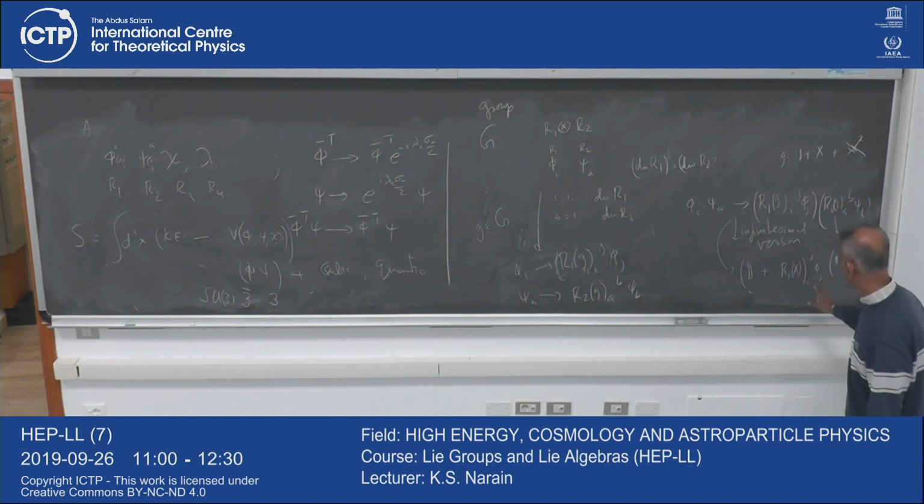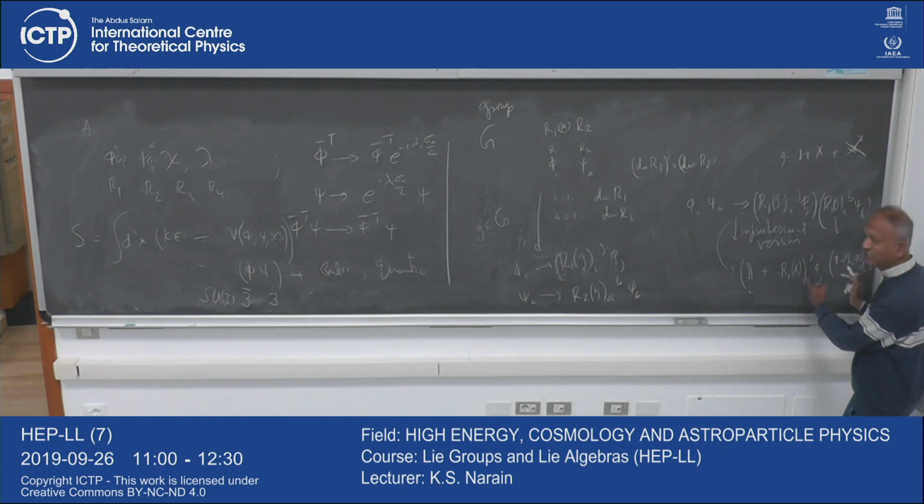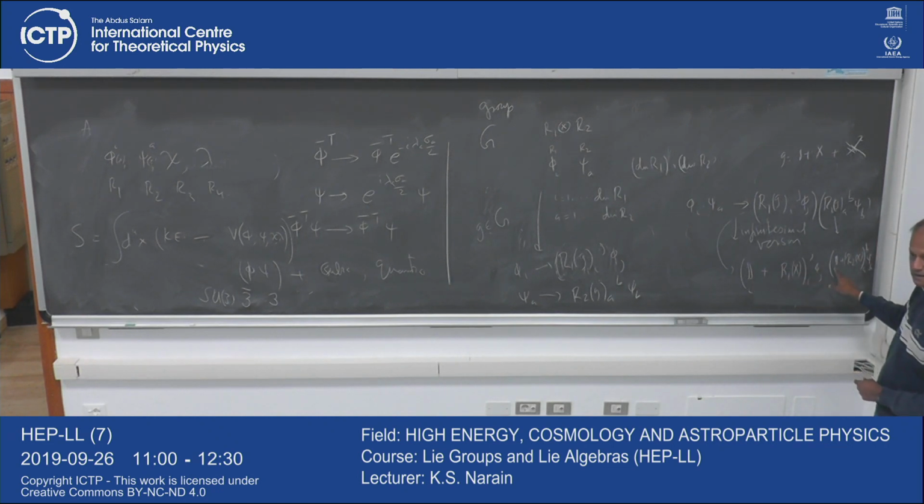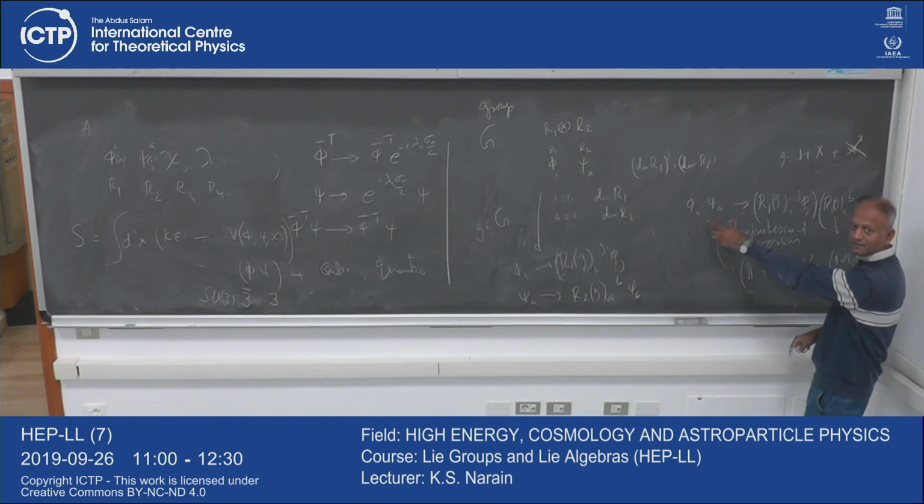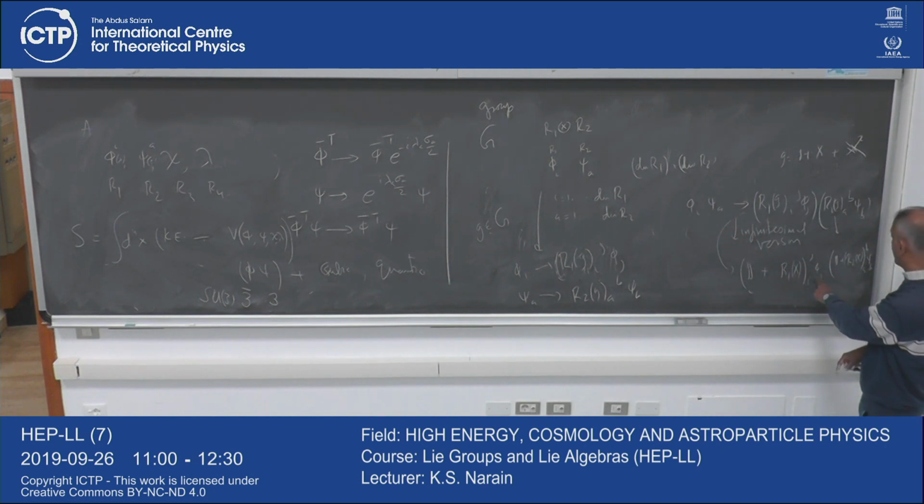If I open it up and see what the infinitesimal change is, first of all you get the identity term, but that gives you back the same thing, phi_I psi_A.